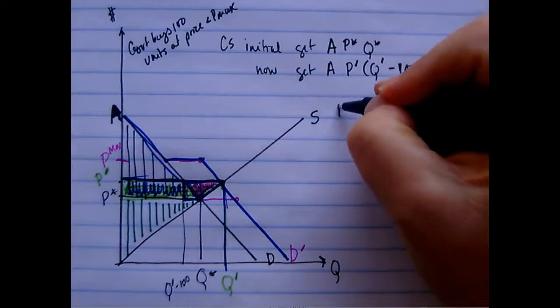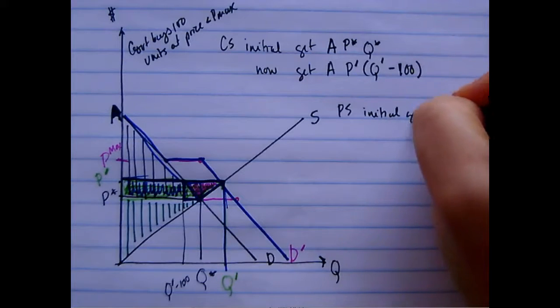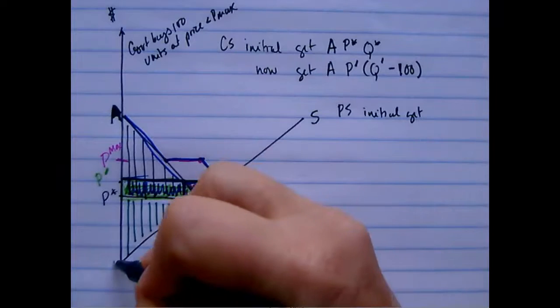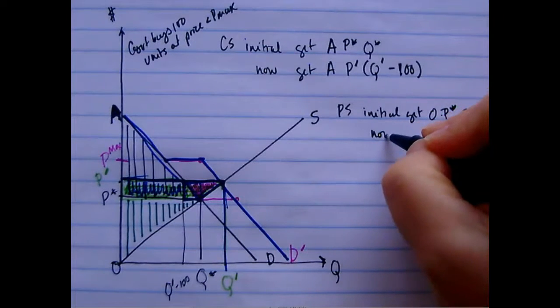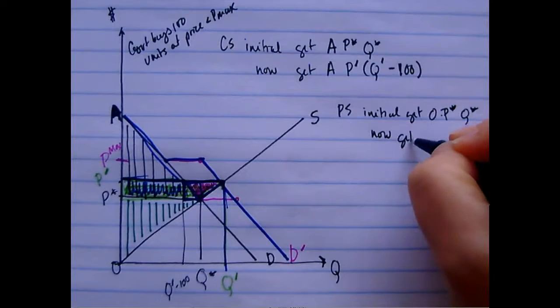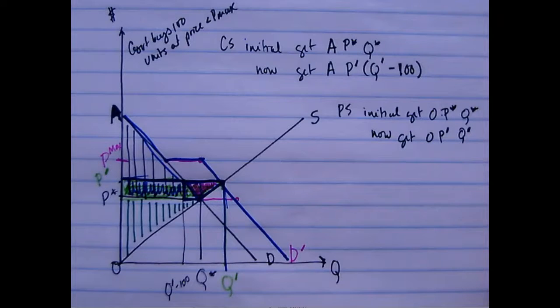The producer surplus, initially, they get 0 to P star to Q star. Now they get 0 to P prime to Q prime, right?